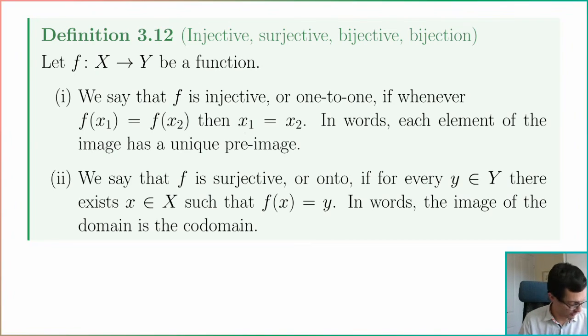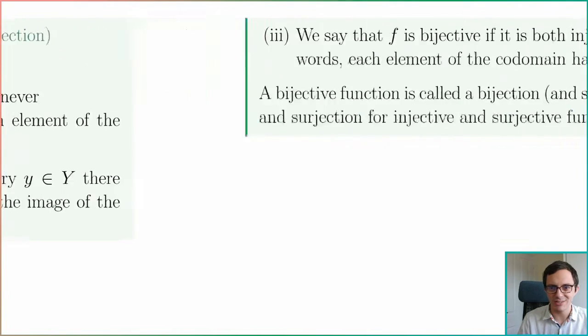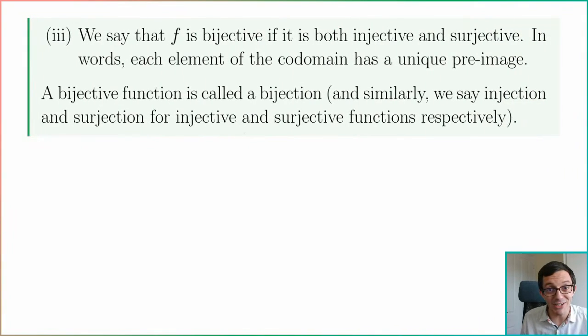Here's some pictures. Oh no, I've got another word to define first. Can't move on until I've told you about bijective functions. So a function is bijective if it's both injective and surjective. In this case, each element of the codomain has a unique pre-image.